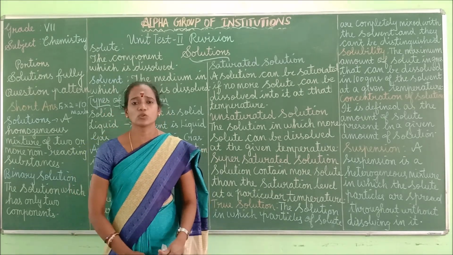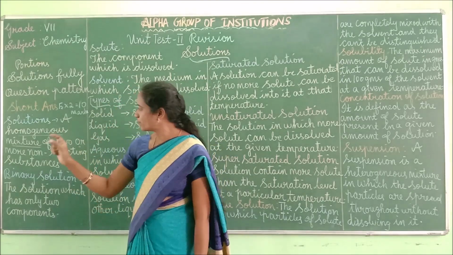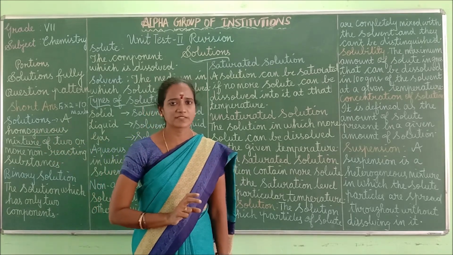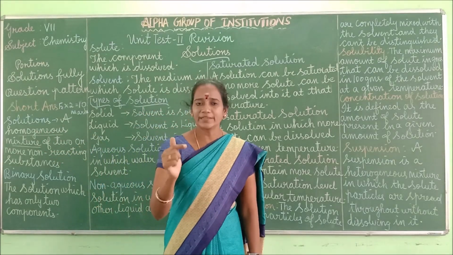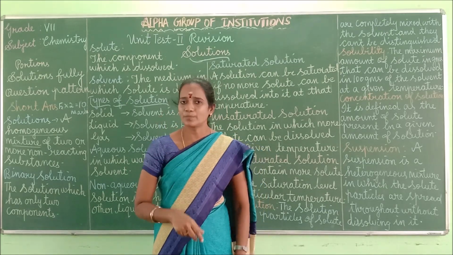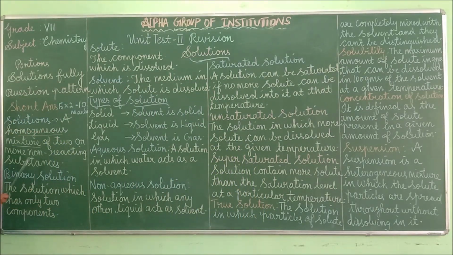You have to complete the answer. Don't simply write that a solution is a homogeneous mixture of 2 or more substances. You have to complete the answer, whatever the question you get. Or otherwise, you can start with: a solution is defined as a homogeneous mixture of 2 or more non-reacting substances.